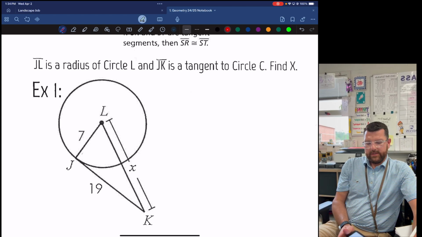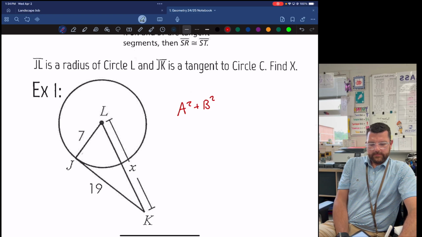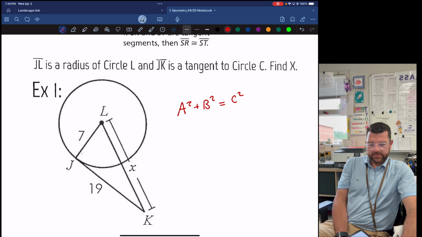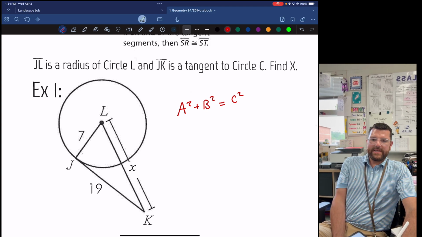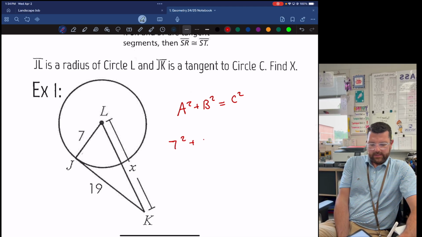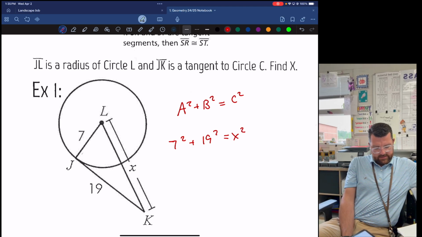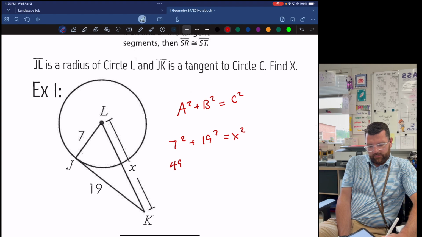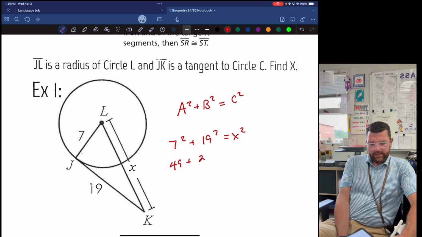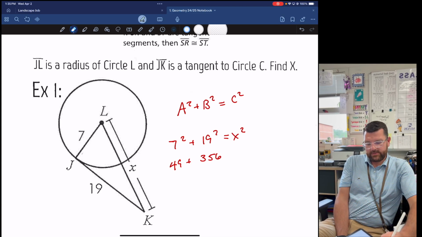Pythagorean theorem. Pythagorean theorem says what? A squared plus B squared equals C squared. Does the A and B matter? No. So I'm going to say 7 squared plus 19 squared will equal whatever X squared is. 7 squared is 49. 19 squared is 356, I think. 361, Mr. Choate.